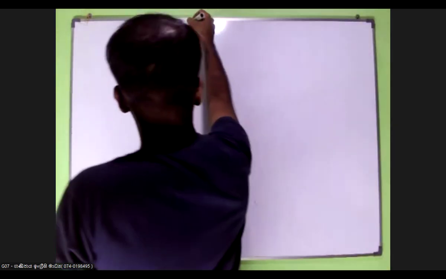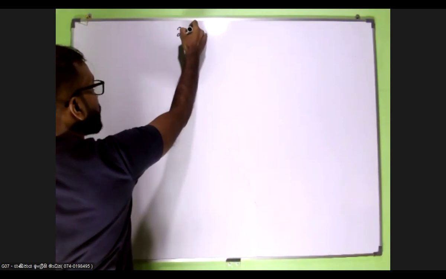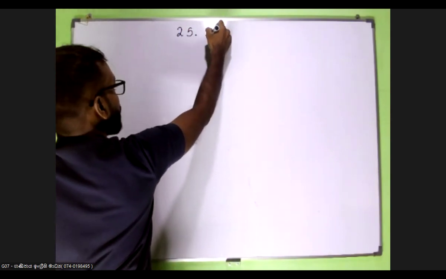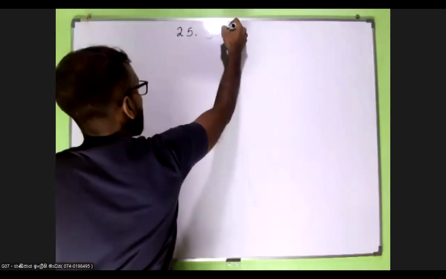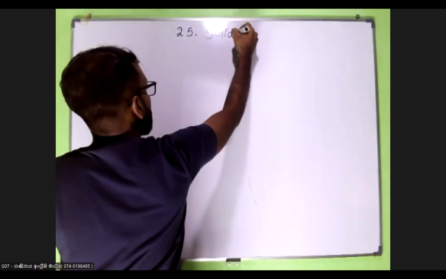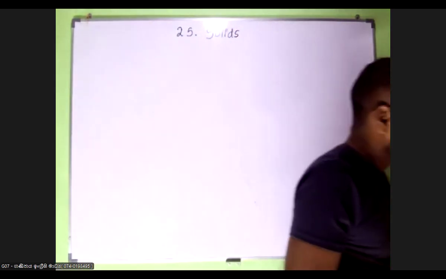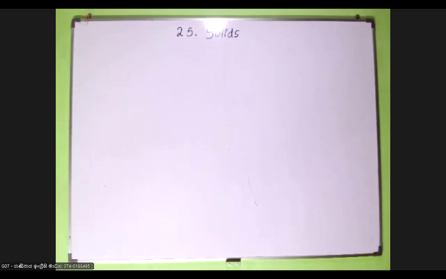So our lesson is solids. You know what a cube is, what a cuboid is, and a regular tetrahedron from your grade 6 lesson.